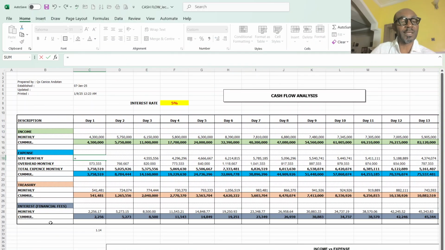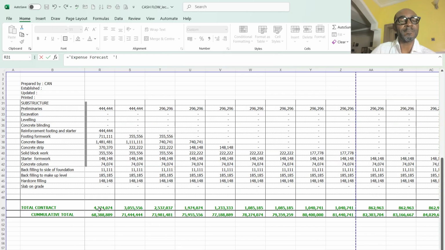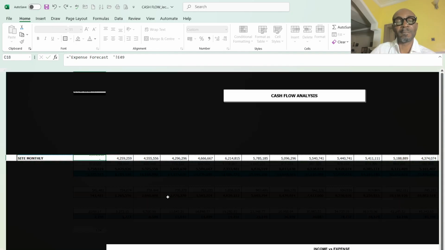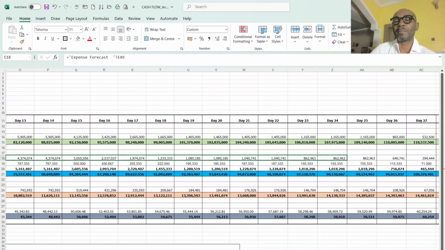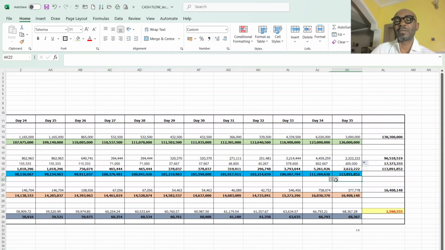I go to my expense, I drag. So I have just linked the two documents and the figures take.